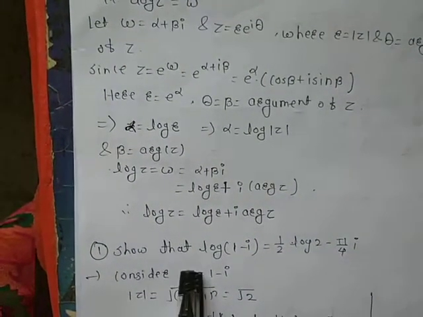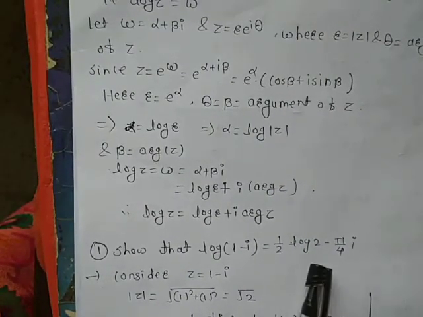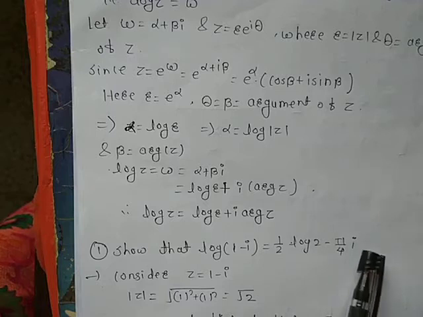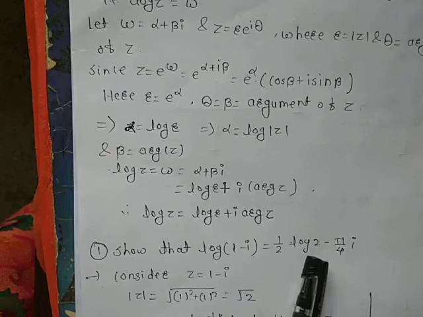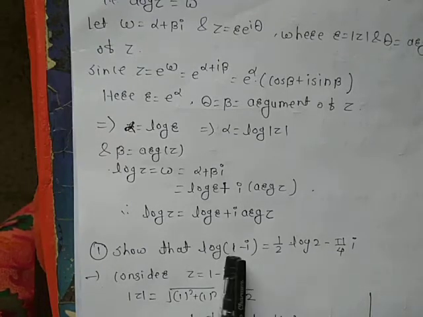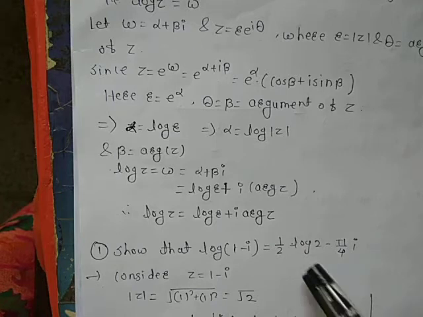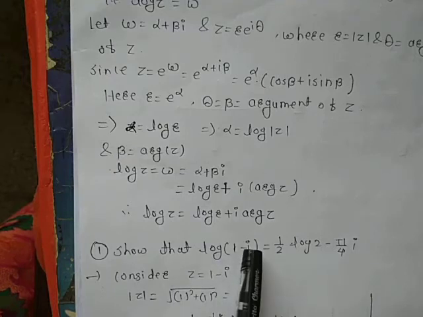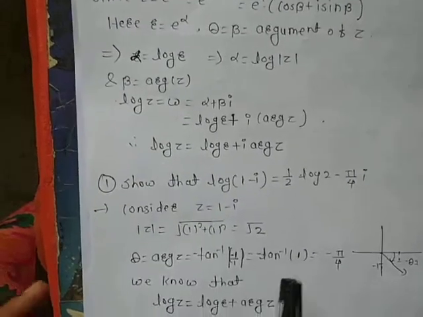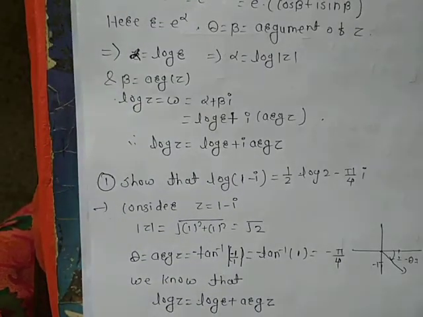Show that log of 1 minus i is equal to 1 upon 2 log 2 minus pi by 4 i. We have to show that LHS is equal to RHS. For this we will solve LHS and show that it is equal to RHS. Here z is equal to 1 minus i.